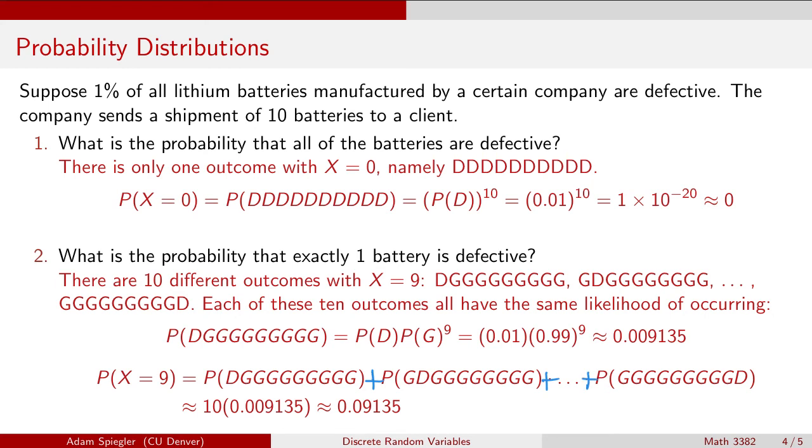Since all of these probabilities are the same, it's equivalent to saying 10 times the probability of any one of those outcomes occurring. And so we can see that the probability of getting exactly 9 good batteries is about 9%. So it's 0.09135.